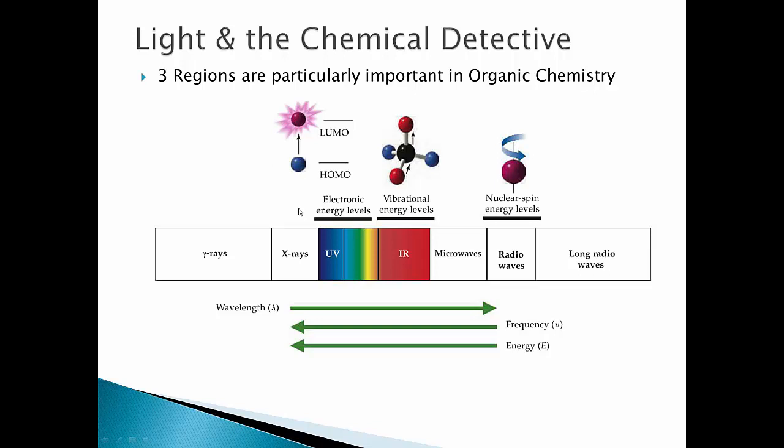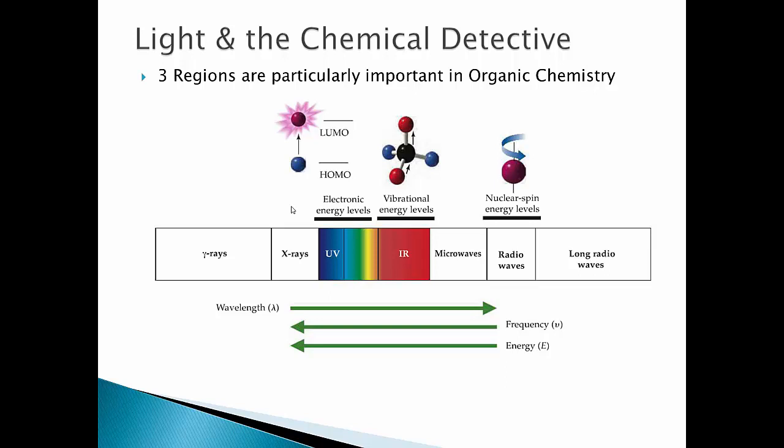UV is that promotion of electrons, and the types of compounds that have strong interactions in this UV region are compounds that have conjugated systems or transition metals. So we can easily have that d-d transition with our transition metals, or we can have the movement of electrons in the conjugated systems.